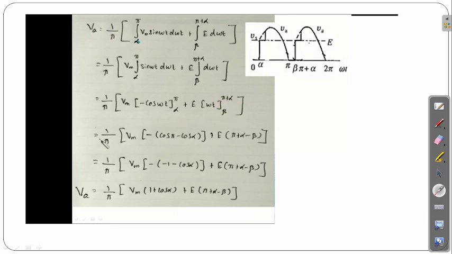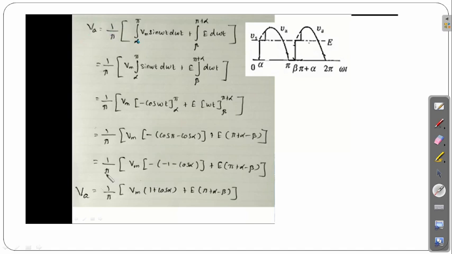So 1 by pi Vm of minus cos pi minus cos alpha, plus E into pi plus alpha minus beta. Then it comes as 1 by pi into Vm, minus cos pi, whose value is minus 1, minus cos alpha, plus E into pi plus alpha minus beta.